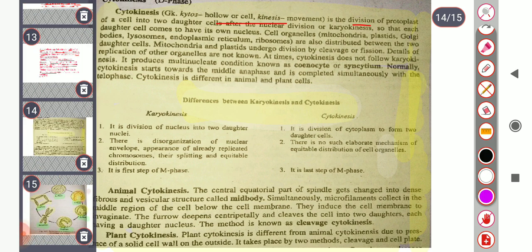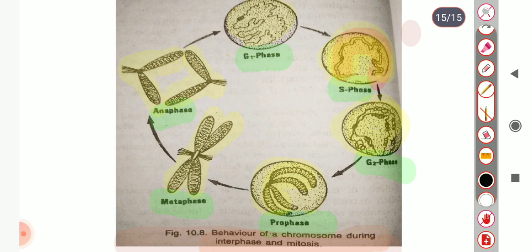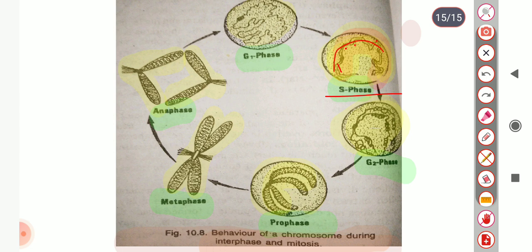Here is the structure of how chromosomes change. First of all, in the G1 phase, you can see these thread-like chromosomes, where all the important materials are synthesized. You can see these are the S phase, where the chromosomes appear as thread-like structures. In the G2 phase, the chromosome forms a coiled structure, and in prophase, the chromosome is completely formed and attached to one pole.